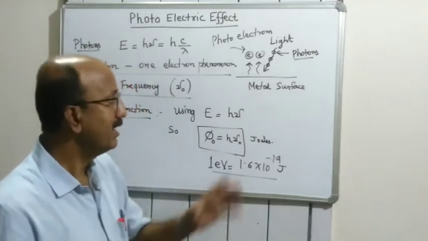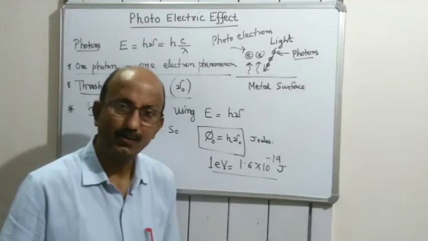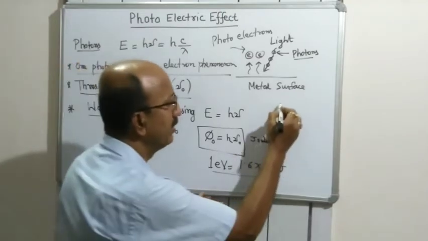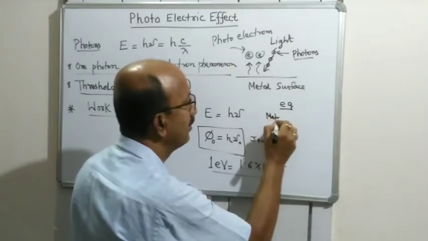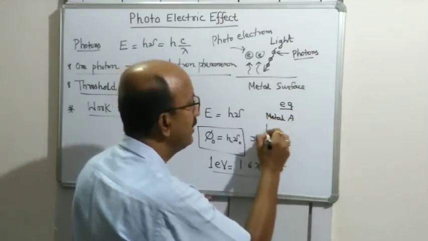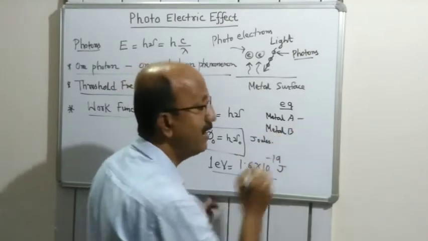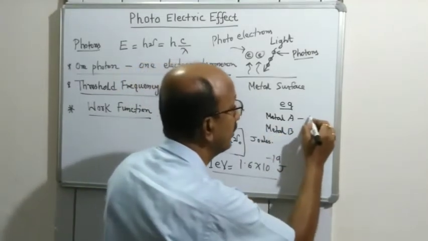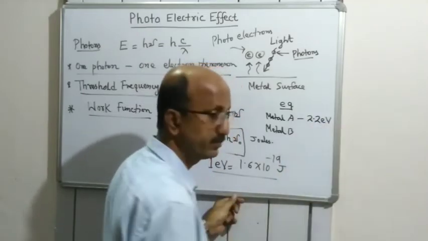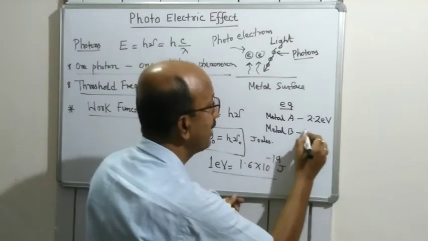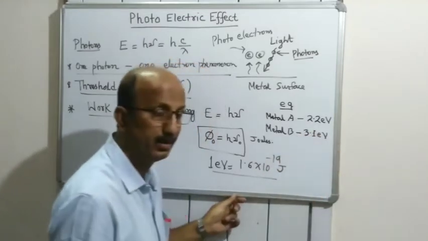Please remember that every metal has got different values of work function. Example, if I take one metal A and another metal B, this metal A has a work function 2.2 eV and this metal B has a work function 3.1 eV.